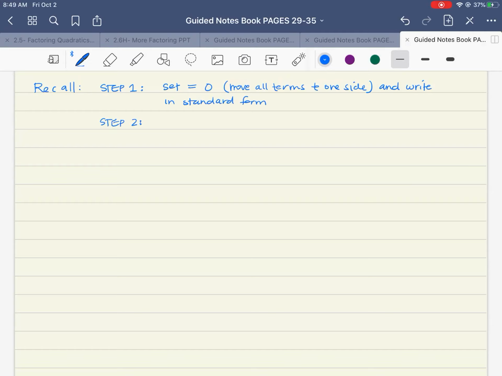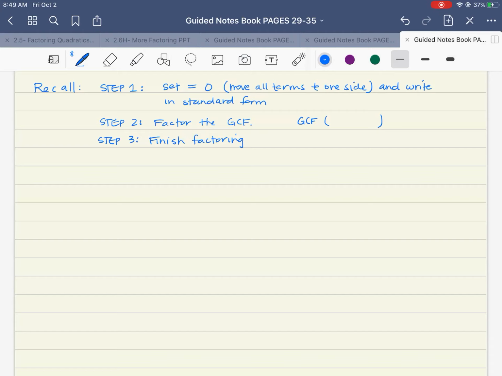And then once we had it in standard form, we always factor out the GCF, the greatest common factor, if there is one. So there's not always a greatest common factor, but if there is, we always take that out first. And when you do that, the greatest common factor, whatever that is, comes out front and everything else stays inside. And then lastly, we talked about making sure that we finish factoring if it needs to be factored more.